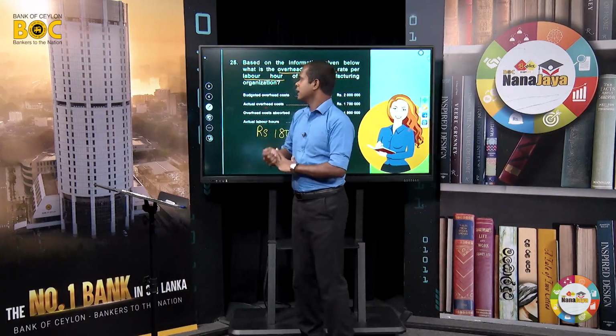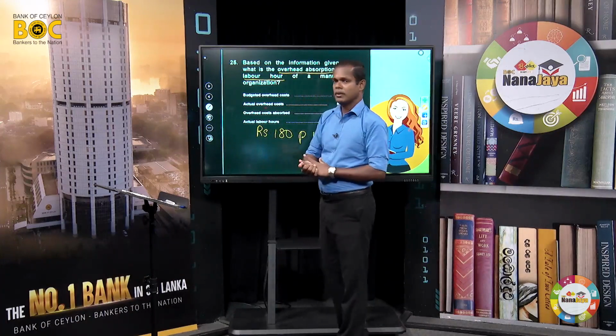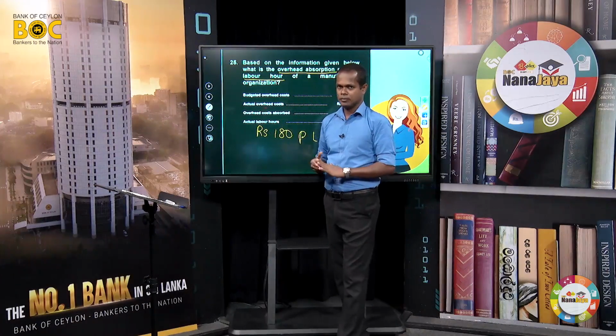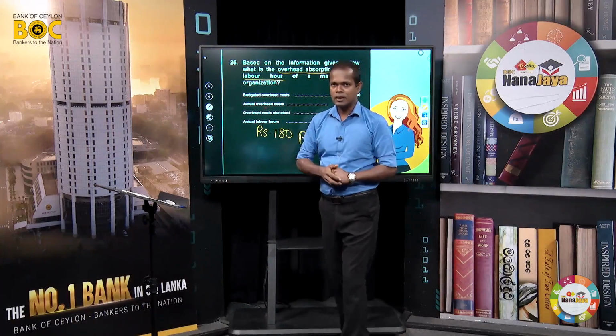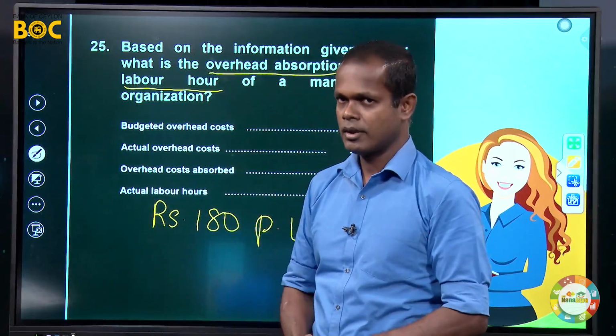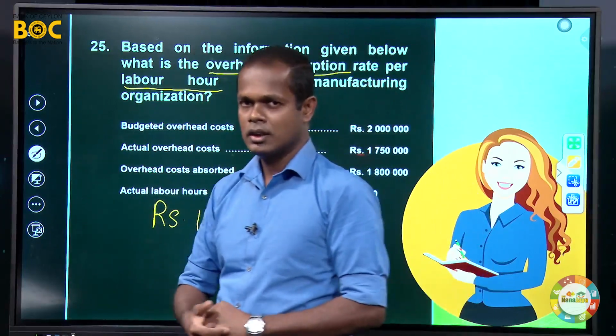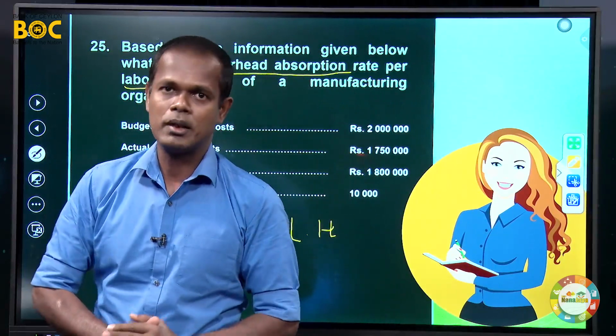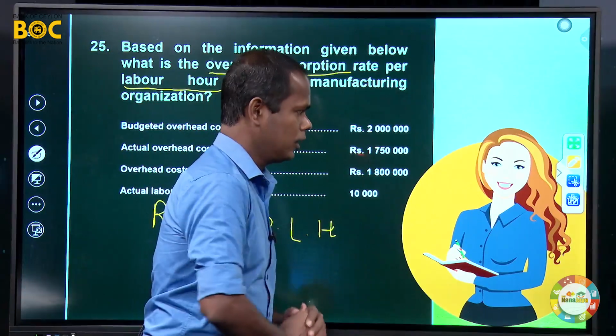But if you properly identify the overheads, it's very easy. Usually in the second paper, the second compulsory question is an overhead calculation. In MCQs also you usually get 2 MCQs. In the first paper you get overhead costing also.